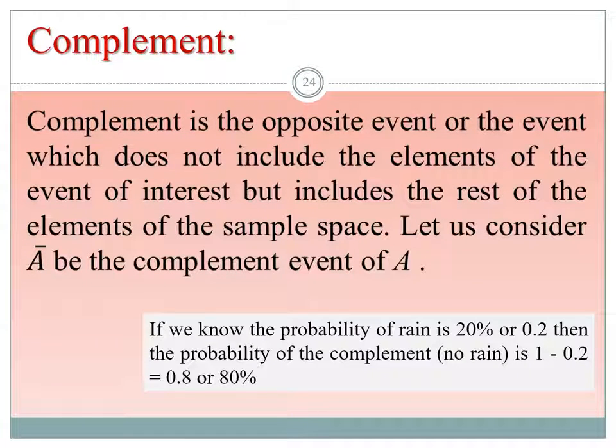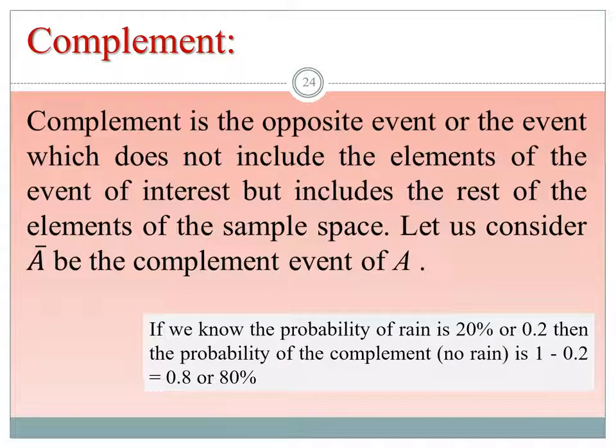Next, complementary event. A complement is the opposite event, which does not include the elements of the event of interest but includes the rest of the elements of the sample space.